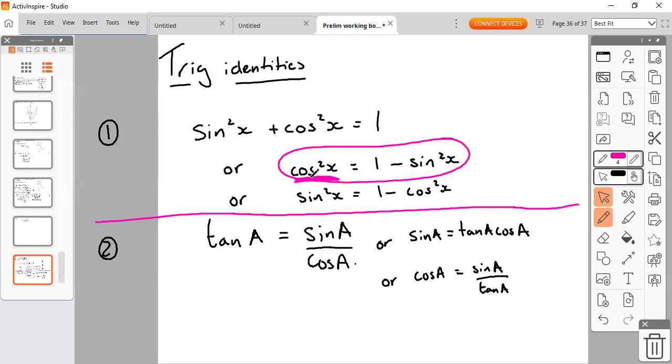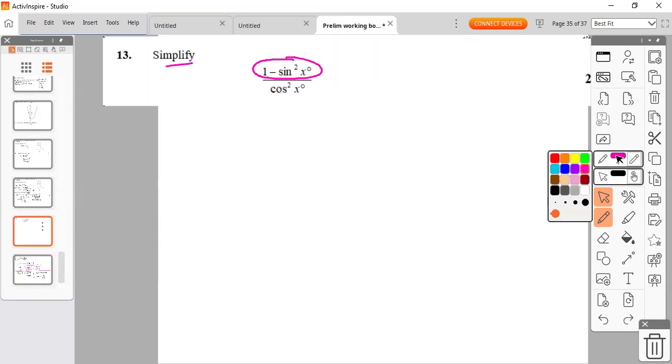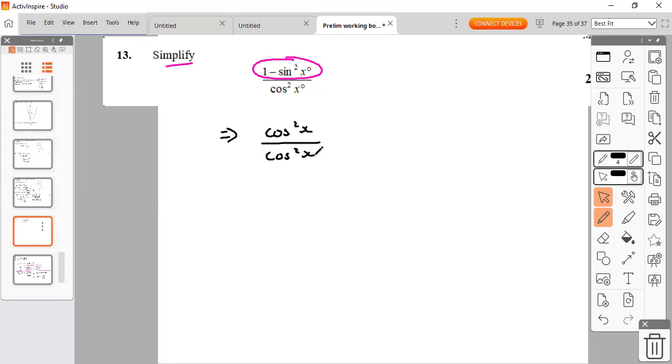So instead of 1 minus sine squared x, I can rewrite the formula by substituting in cos squared x in that top line. Two terms which are the same divided by each other give just 1. And that's the answer. 1 mark, 2 marks. That's all you're doing there.